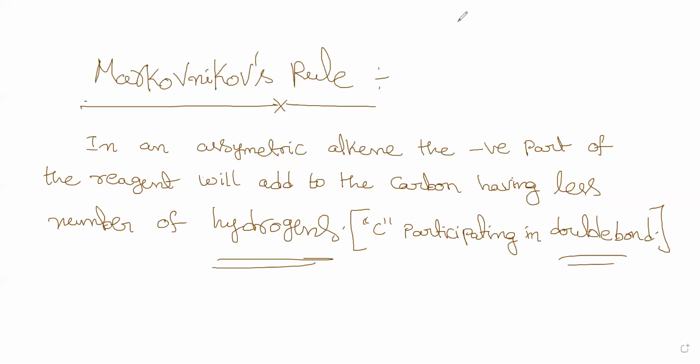Okay, we'll go through this. Suppose this is my propene, CH3 and so on. This is the propene structure. And now you have this propene, and then you add HI to this, hydrogen iodide. So the negative part of the reagent, how do we find the negative part?